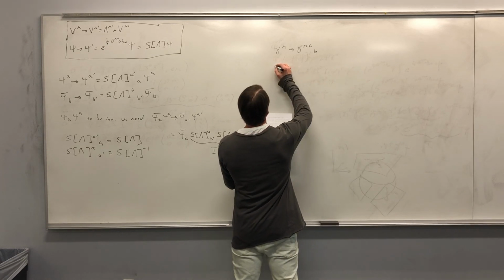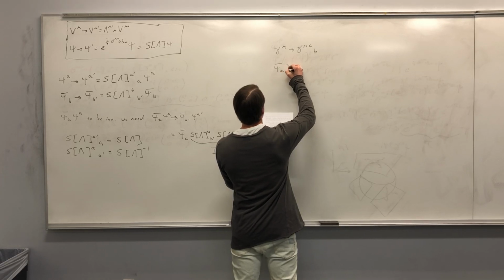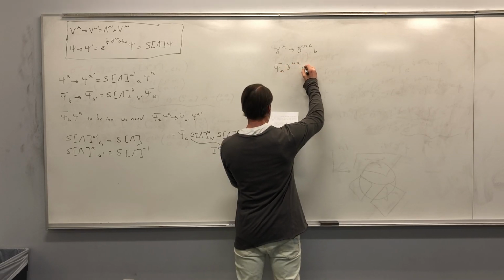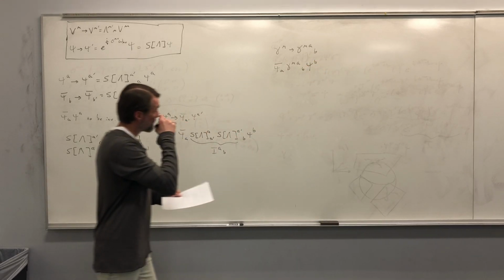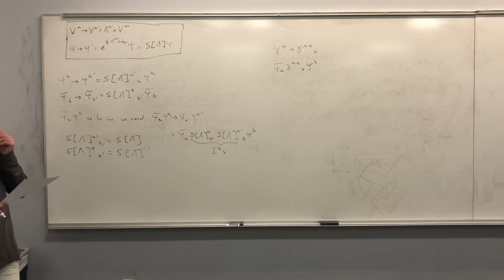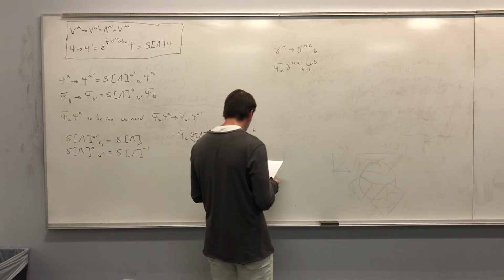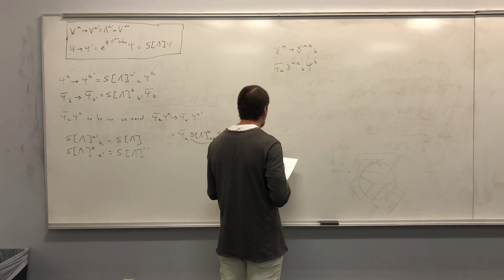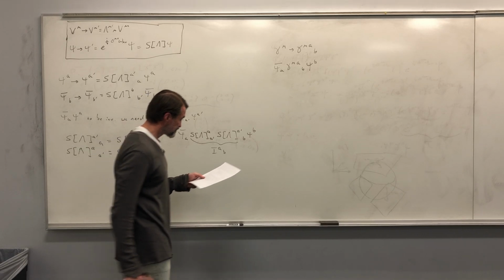And then what we can say is, all right, if I take psi bar A, gamma mu A B, psi B, okay? Then this will obviously make sense with the Einstein summation convention.